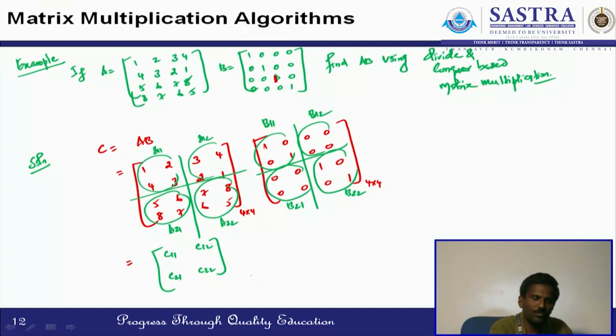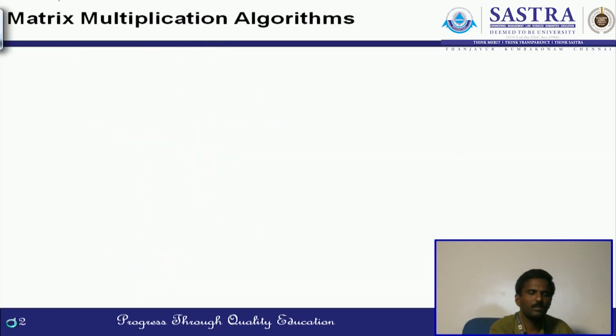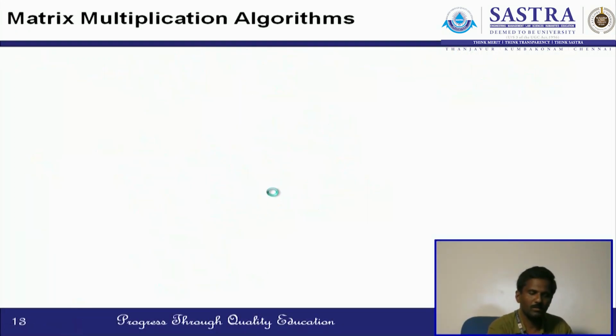Likewise, C12 is obtained using conventional matrix multiplication. C21 and C22 are also obtained by applying the conventional matrix multiplication. So that we will get the same, right? C11, then C21, this is 3421.